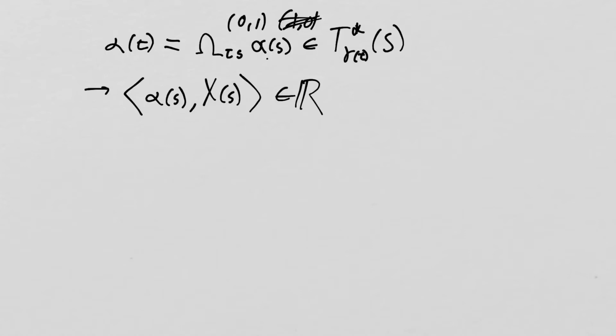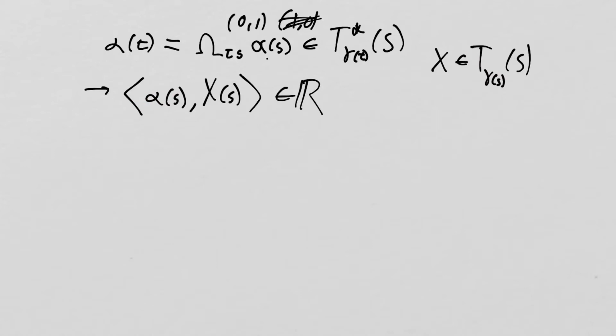So this is true for any one form and any vector where now X is an element of the tangent space of gamma S at S, right? So notice this is at gamma T, because although this is at S, this turns it into something at T. So this is an element of gamma T, but X is an element of gamma S.